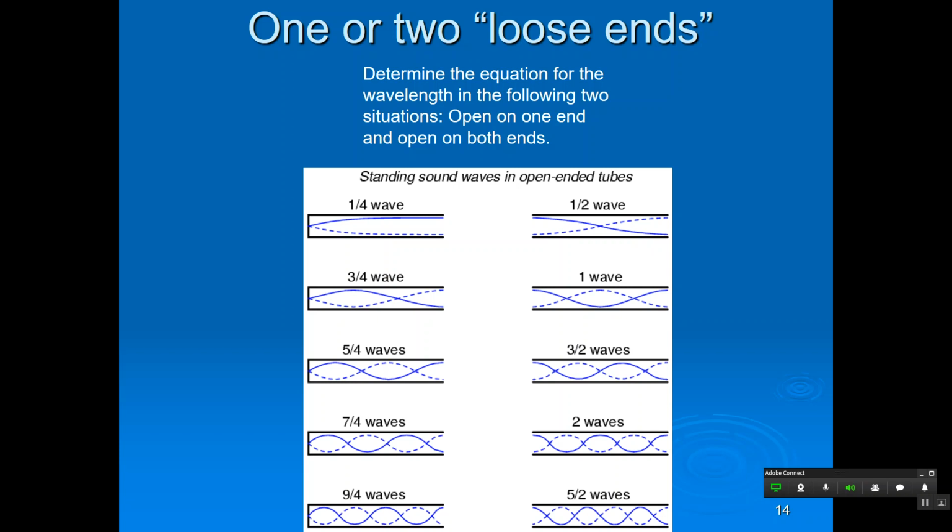The difference is that I'm going to have a node on the closed end, and an antinode on the open end. Alternatively, I can have open ends on both ends of whatever this thing is that's oscillating. So here I would have an antinode forced on either end.